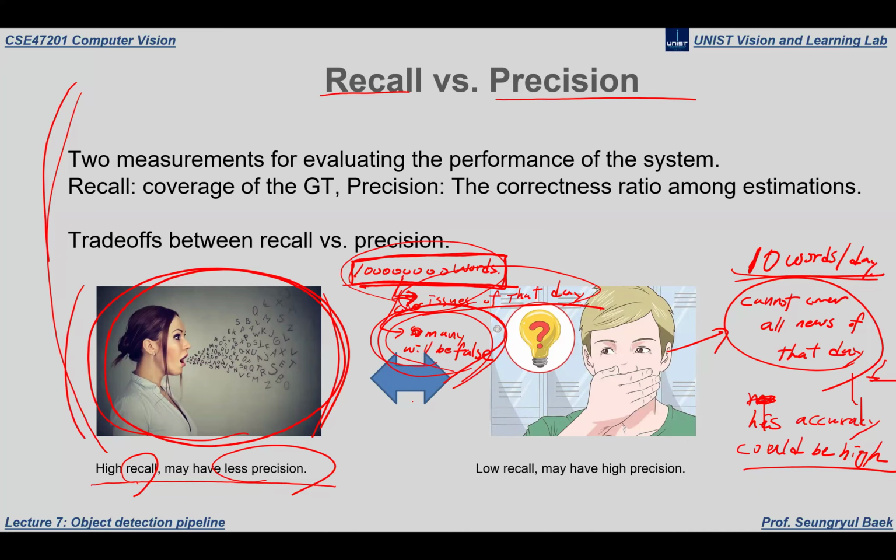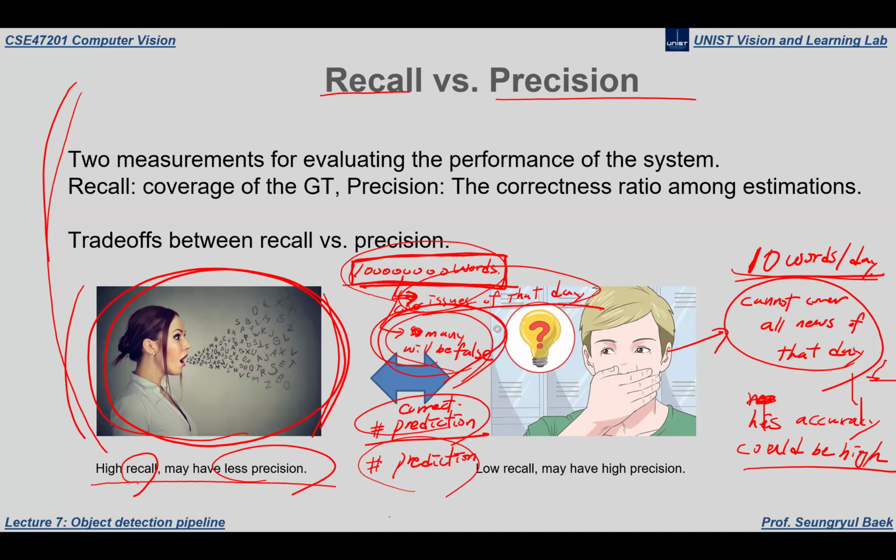Precision is calculated as the number of correct predictions divided by the number of predictions.